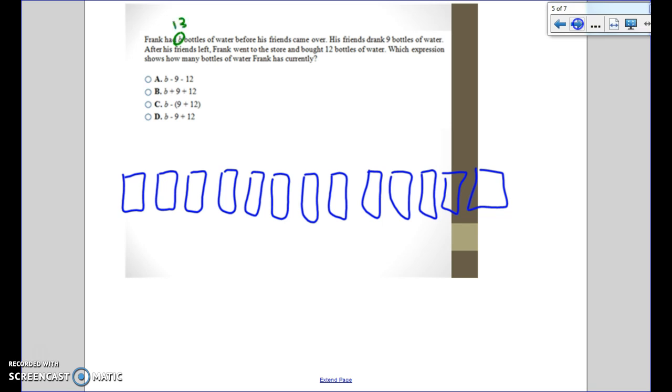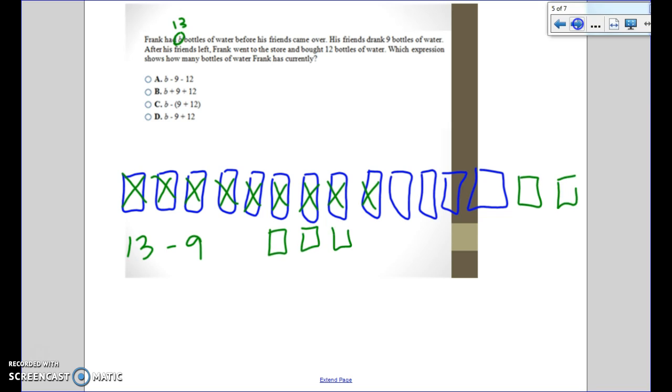Okay, and it says that after his friends came over, they drank 9 of them. So he started with 13 and they drank 9. 1, 2, 3, 4, 5, 6, 7, 8, 9. Now as I'm crossing them out, that's a form of subtraction. So I'm going to say we're doing 13 and we're subtracting 9 of them. But then Frank went to the store and bought 12 bottles of water. So then, okay, he bought 12 more. 1, 2, 3, 4, 5, 6, 7, 8, 9, 10, 11, 12.